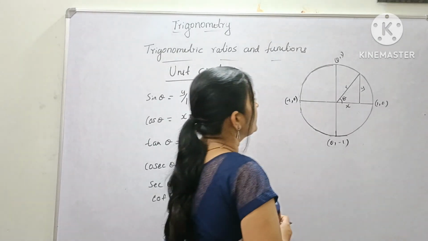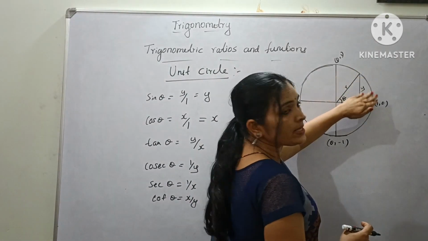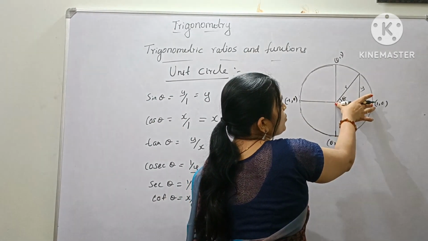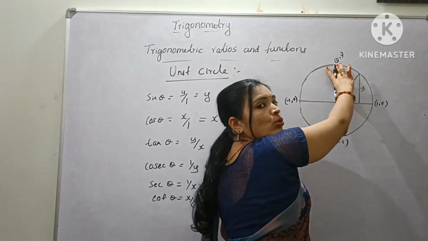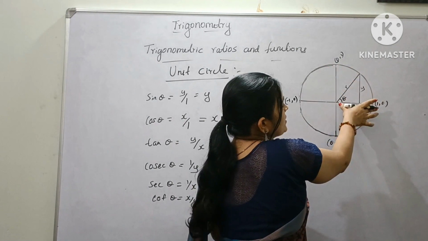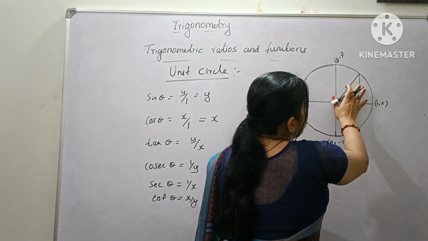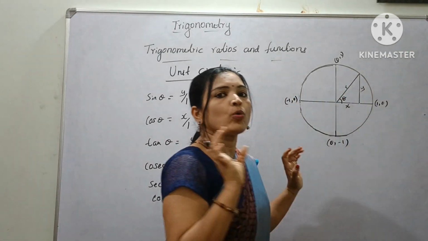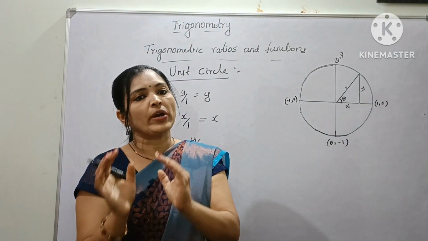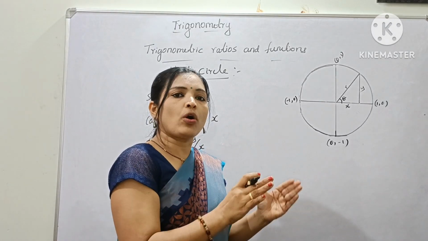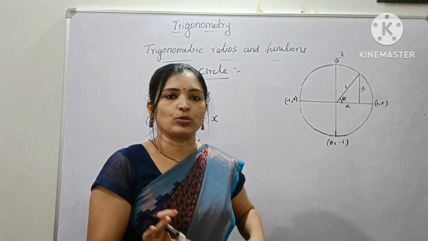In the first quadrant, this region, that is about the positive x-axis and positive y-axis, right? It is positive x-axis, it is positive y-axis. So this region contains only positive values, all the x coordinates and y coordinates are positive.